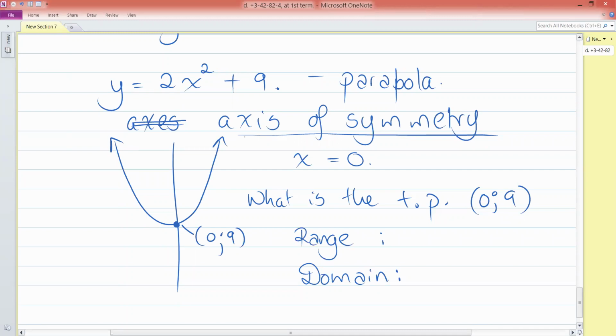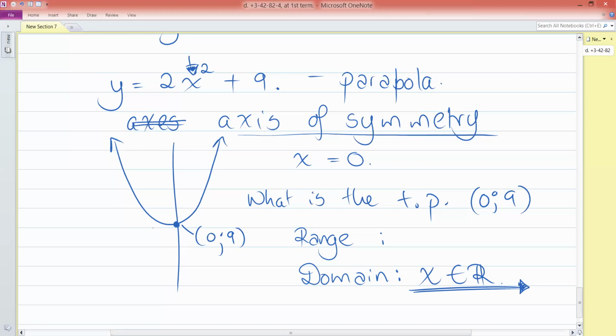What's the domain for a parabola? Is it an element of the reals, but can't equal 0? For this one, it can. For the parabola, x is an element of real numbers because you can substitute 0 here. Your equation is going to be just equal to 9.